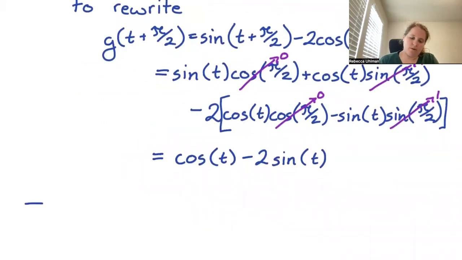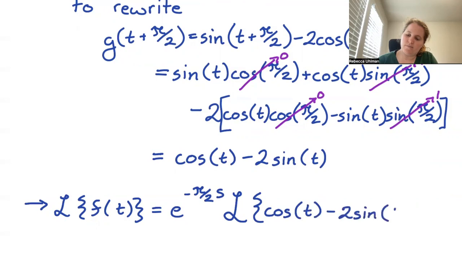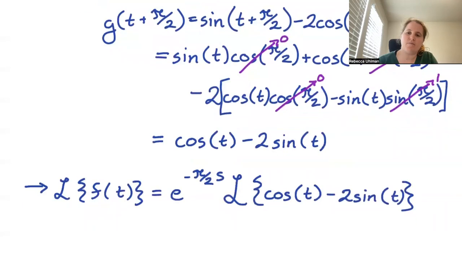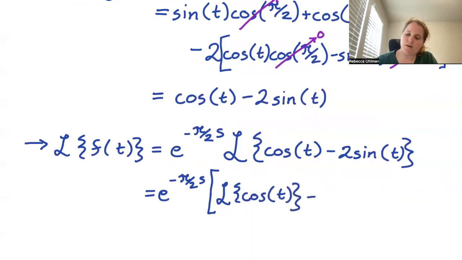So from here, we therefore have that our Laplace transform of f of t is equal to e to the negative pi over 2 times s times the Laplace transform of cosine of t minus 2 sine of t. So we have e to the negative pi over 2 times s, all of that multiplying the Laplace transform of cosine of t minus 2 times the Laplace transform of sine of t.